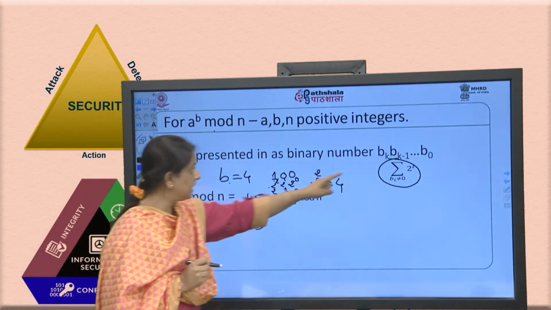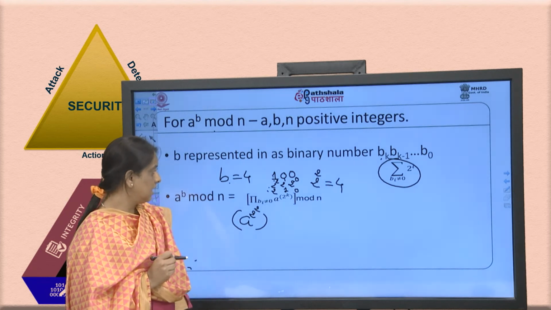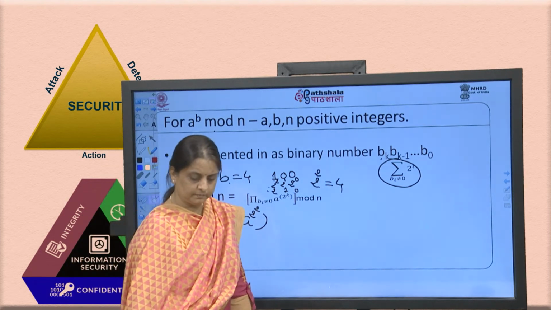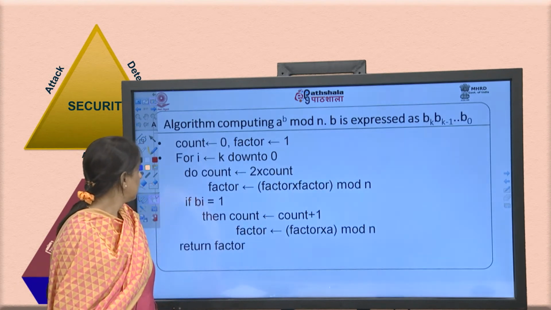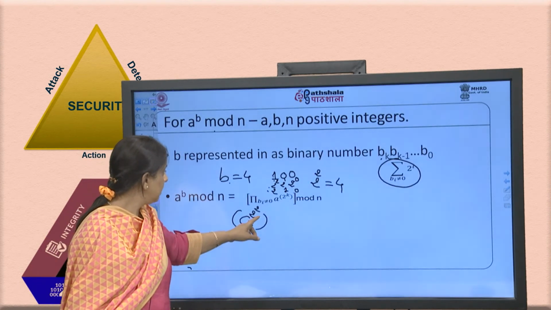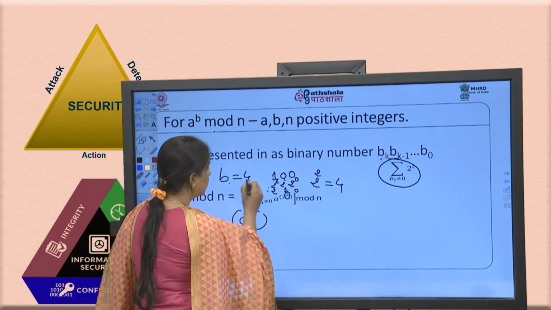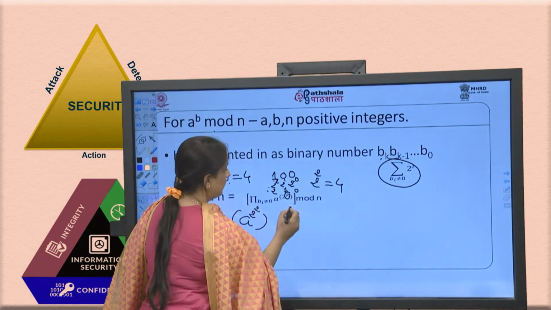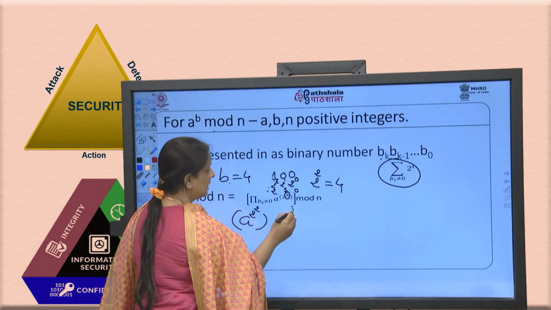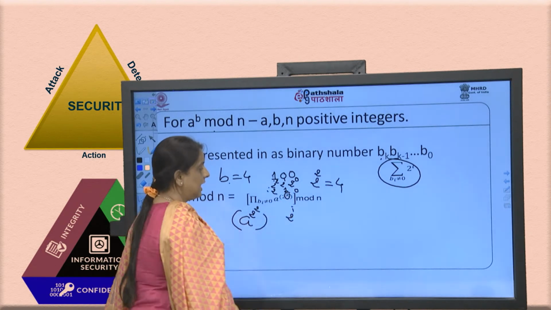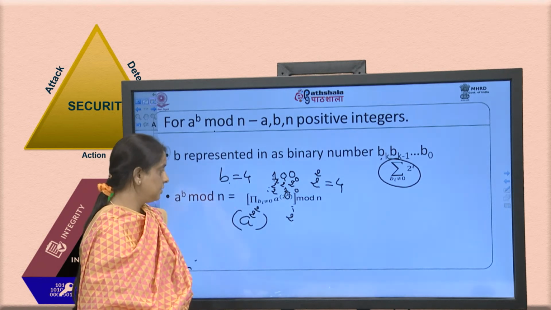What is k? k is the largest number which we are given. And in general, for our case 4 it is b raised to k, but it should be 2 raised to i: whichever position i is not 0, the exponent a raised to 2^i should be computed and multiplied together.